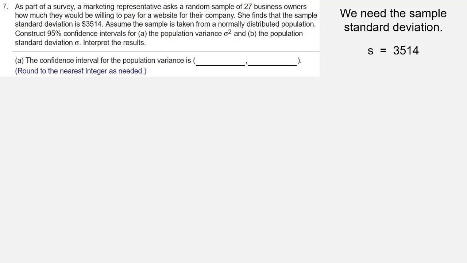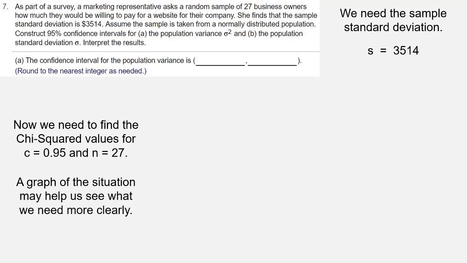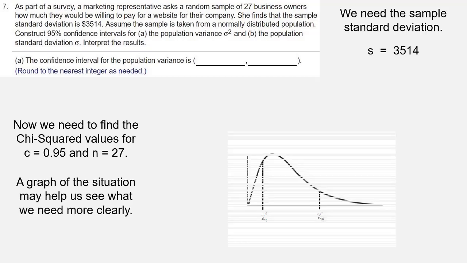Then we're going to have to find the chi-square values for a confidence level of 0.95 and a sample of size 27. Drawing a picture could give us a better idea of what it is we have to do. So we'll draw the chi-square distribution.